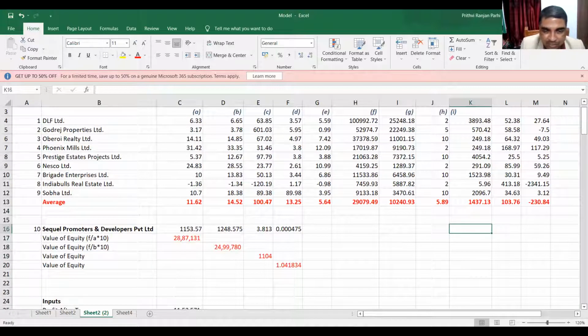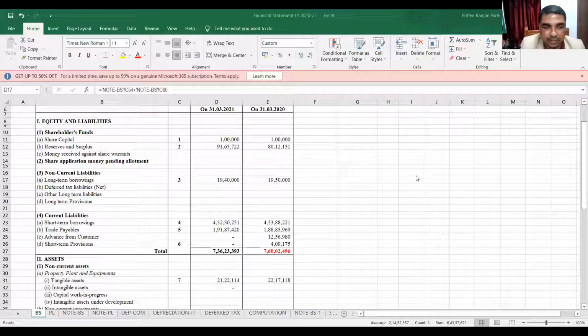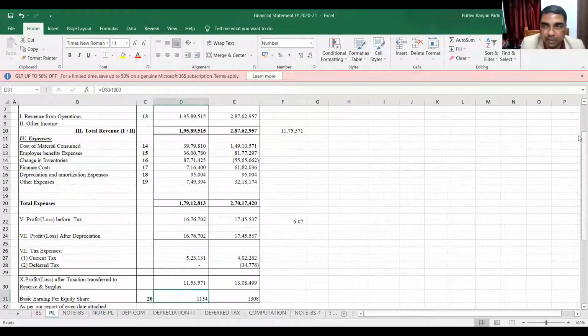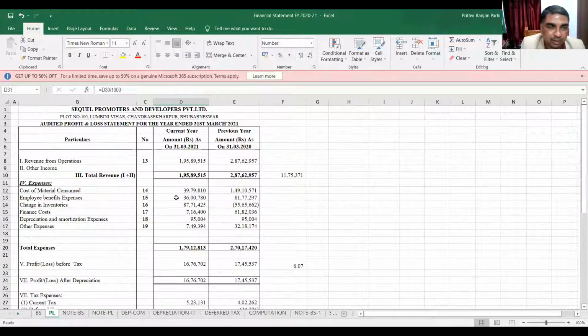So let us see the company's last financial statement. Tell me what is the turnover. Sorry. 195,89515, right? 195,89515.